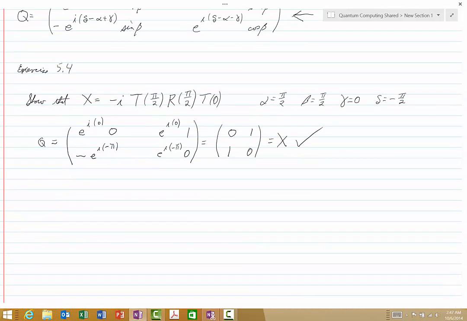Now, another exercise deals with the topic of stabilization. This is exercise 5.5.